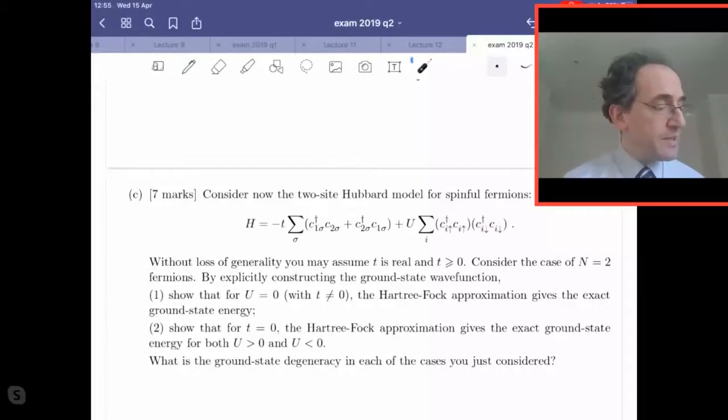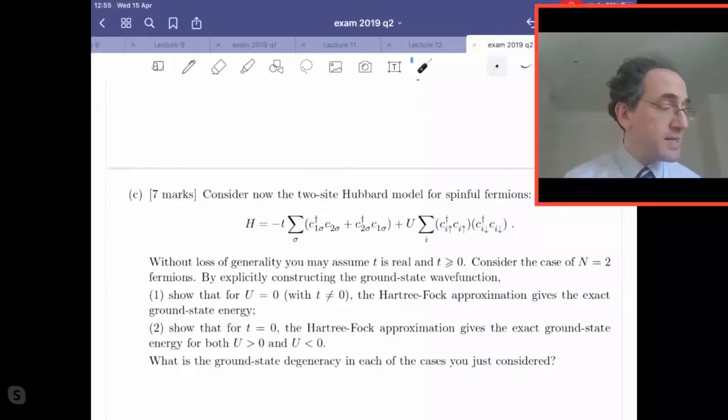We assume t is real and t is greater than or equal to 0 without loss of generality. Consider the case of n equals 2 fermions. By explicitly constructing the ground state wave function, so we're meant to actually find the exact ground state wave function, we're supposed to show, which is generally kind of difficult, but it's actually not that difficult.